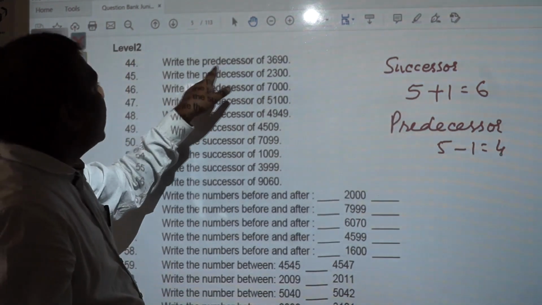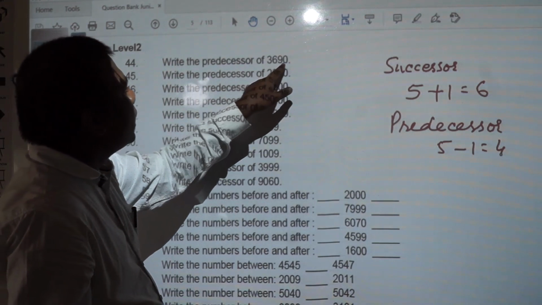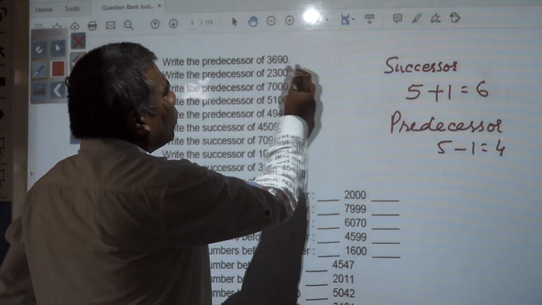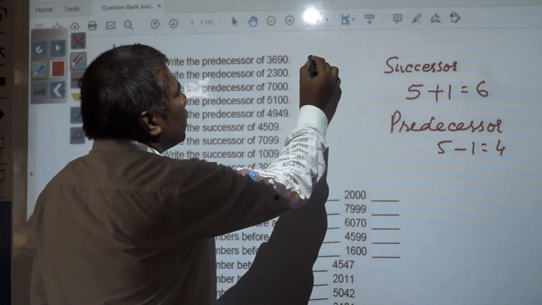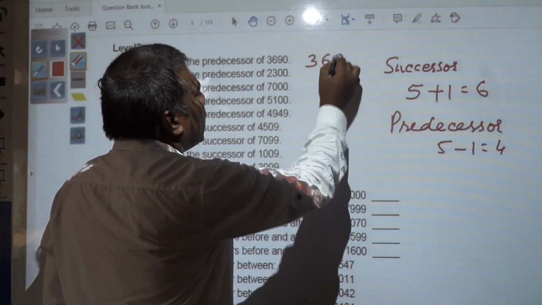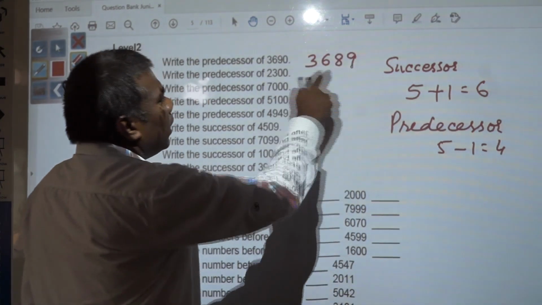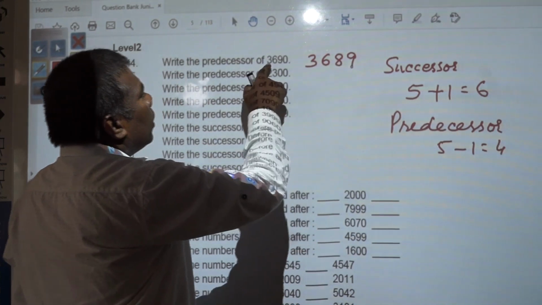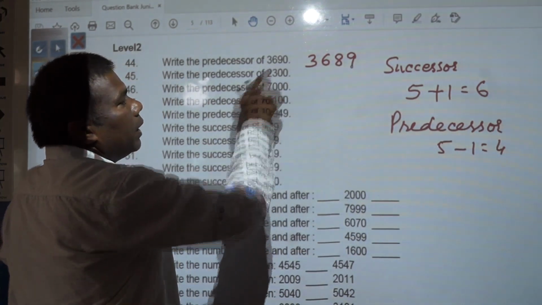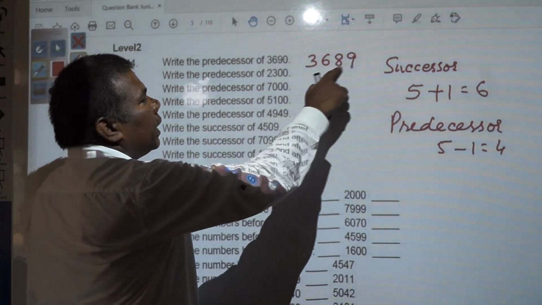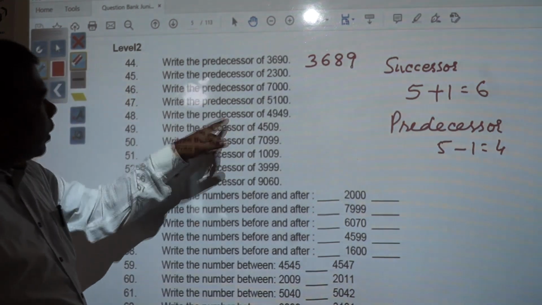So here you need to write the predecessor of 3690. Just before 90, what comes? 3689. Before 90, 89 comes. So the predecessor of 3690 will be 3689. So these all you need to write.